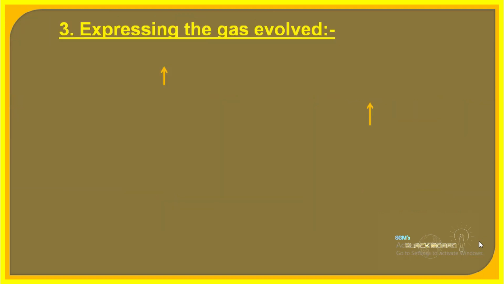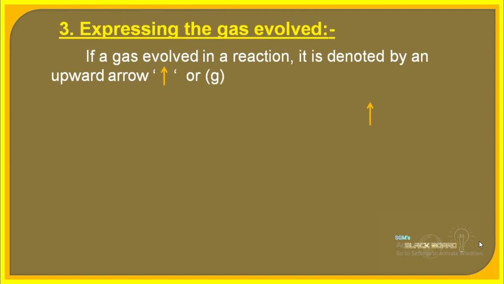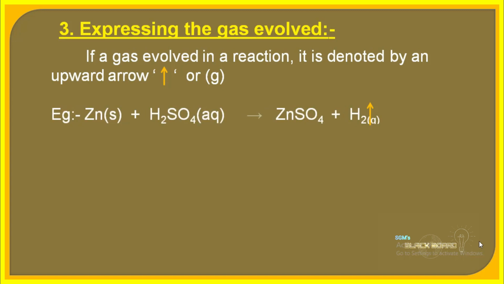One more thing is expressing the gas evolved. If a gas is evolved in a reaction, it is denoted by an upward arrow or the notation G. For example, zinc reacts with sulfuric acid to give zinc sulfate, and hydrogen gas is liberated in this reaction.